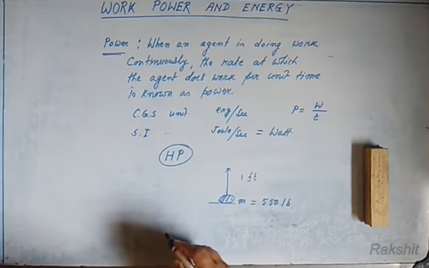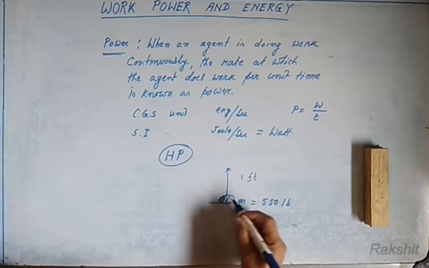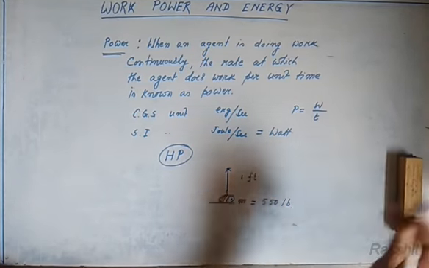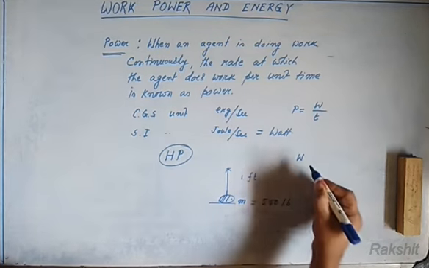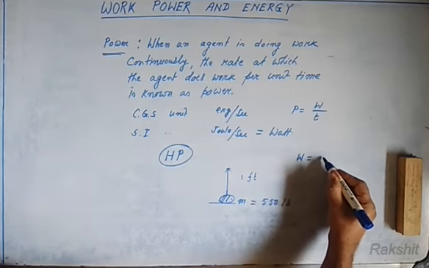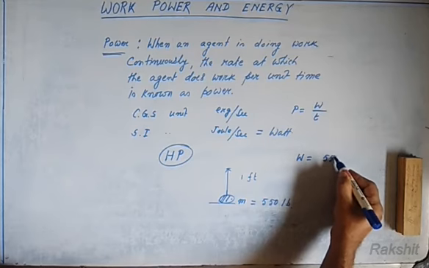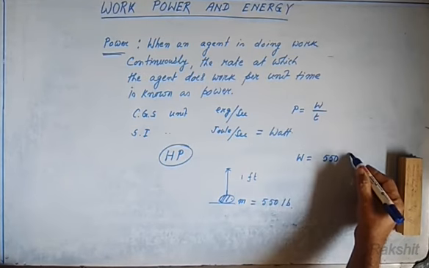Then, according to our definition of work, the work done by the agent is equal to 550 foot-pound.